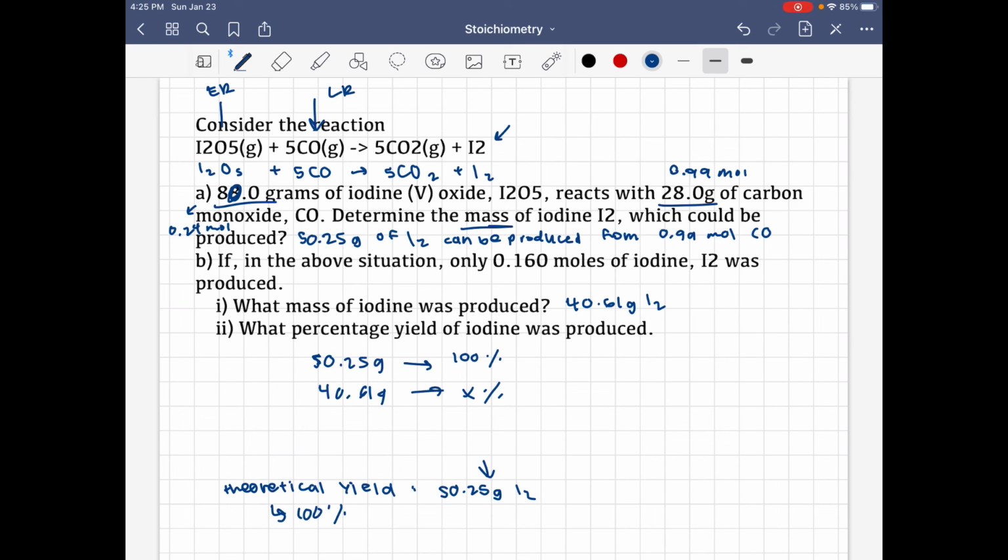What I'm doing is multiplying this by 100%, or just 100, and then dividing it by 50.25, and what you get is 80.82%. So this is your percentage yield, and that's it.